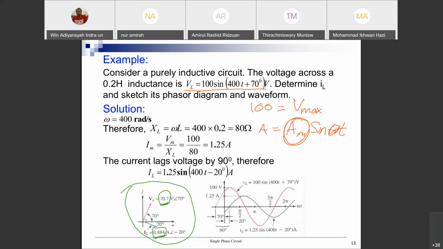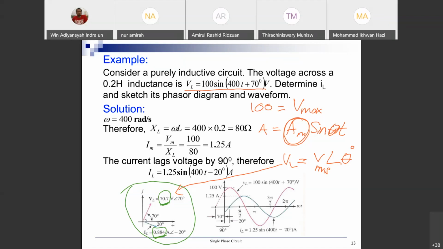But for phasor form, we write V and then the angle, and the magnitude there is always the RMS value, root mean square.